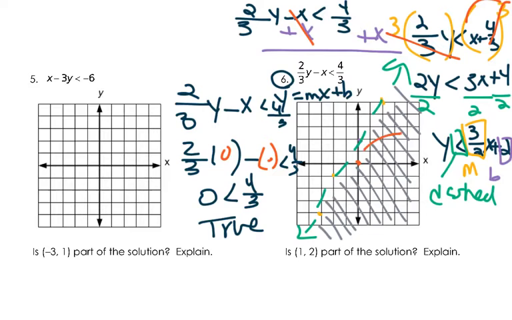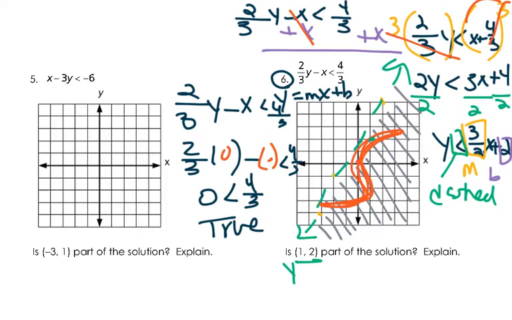And I'm going to label my solution set nice and big. I'm going to answer the question, is 1, 2 part of the solution set? Well, where's 1, 2? Let's plot that point. 1, 2 is actually right here.